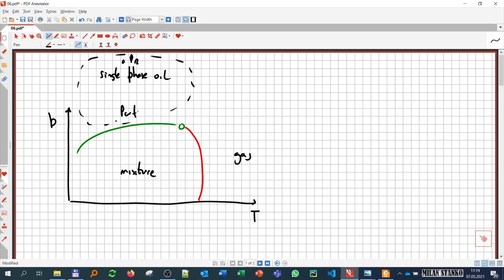We can assume that this is a fairly isothermal process, so the temperature is constant, and it will be someplace here. That will be our approximation for our derivation, for our experiment.